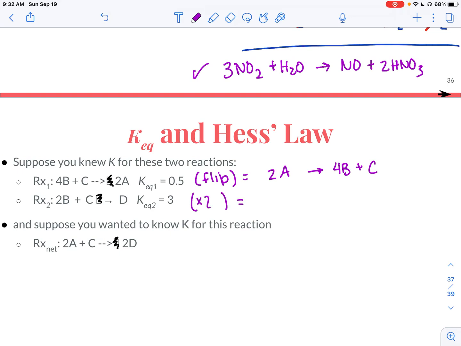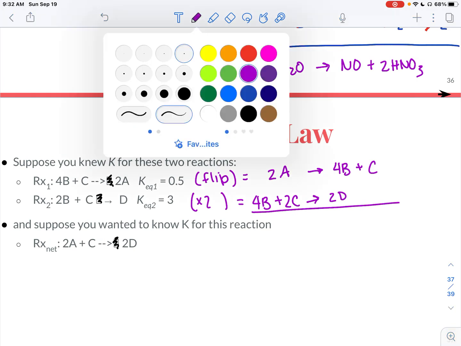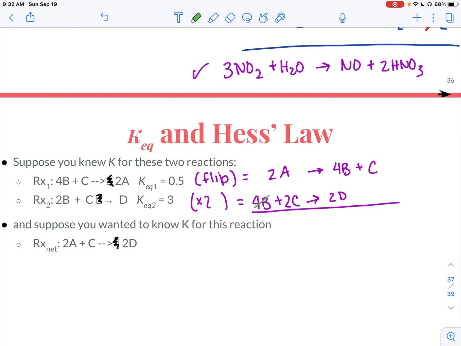So that gives us 4B plus 2C gives 2D. And let's just make sure that's right. We're going to add the reactions together. So the 4B's will cancel. And then this C will go away and we'll end up with just 1 here. So we end up with 2A plus C gives us 2D.